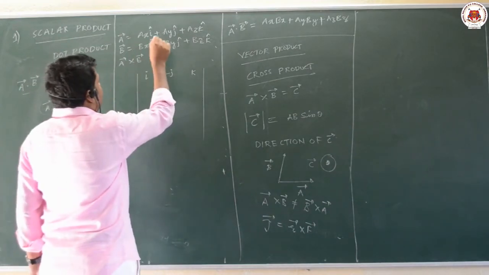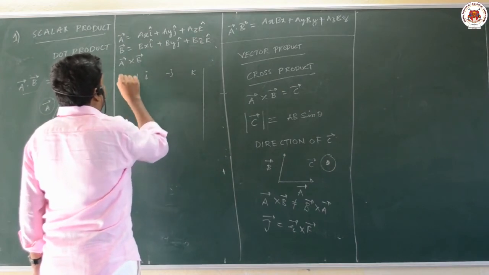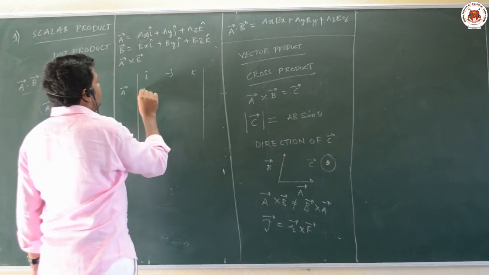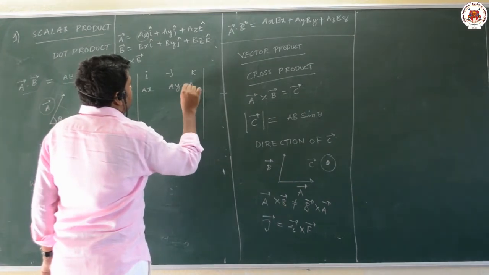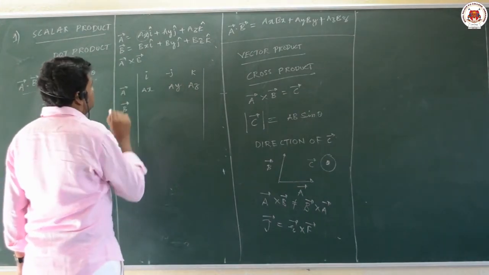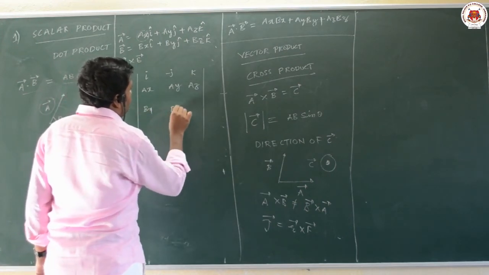Then write the first row, you would write a bar components because you are doing a bar cross b bar. Write their coefficients ax, ay, az. Next write the coefficients of b bar, bx, by, bz.